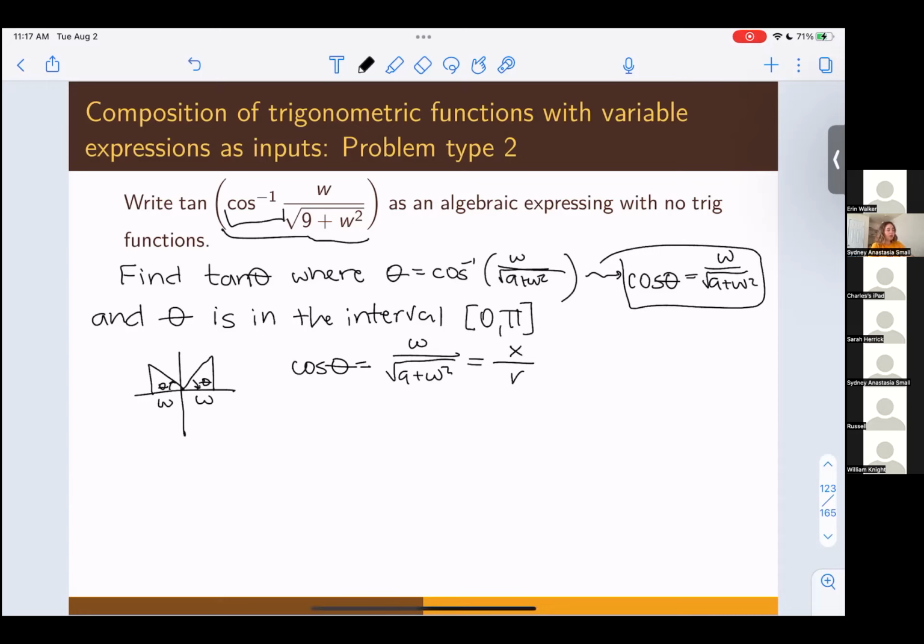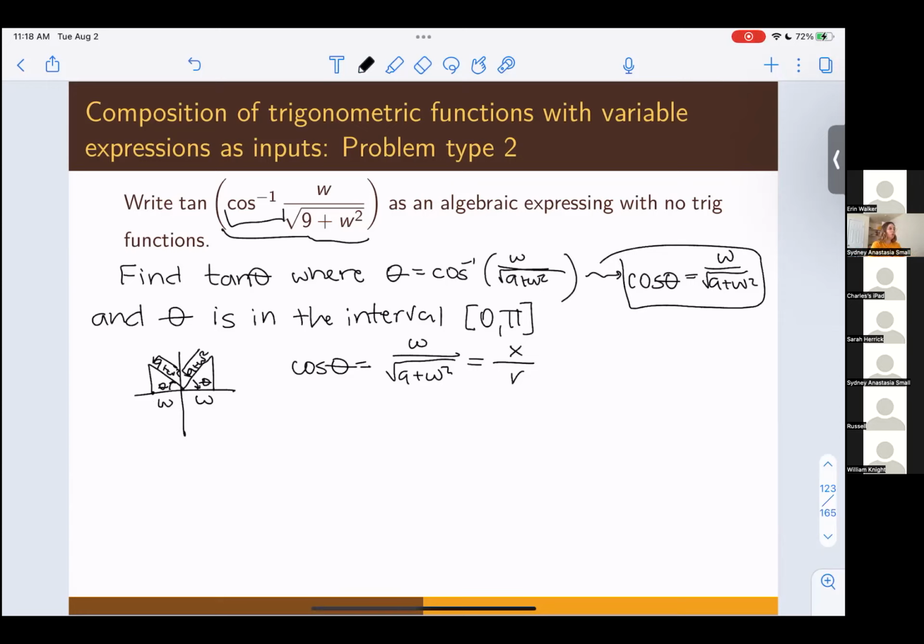W could hypothetically be equal to -2, and that doesn't mean we're working with negative w, we're still just working with -2. So regardless of direction, the x coordinate is w, and our radius is the square root of 9 plus w squared.